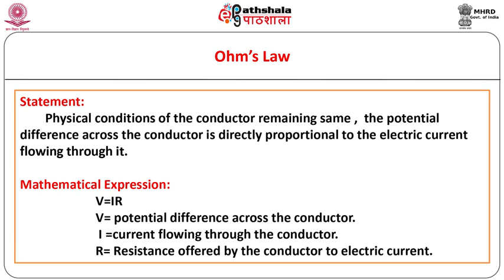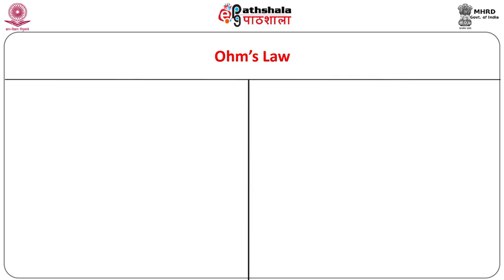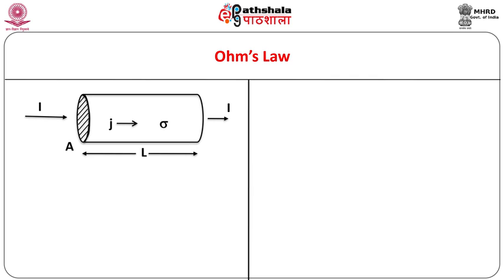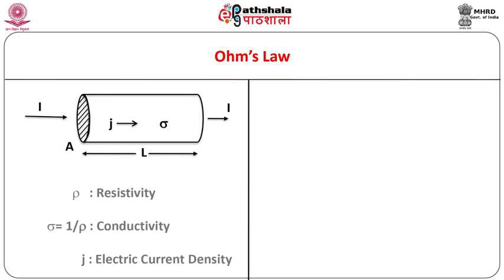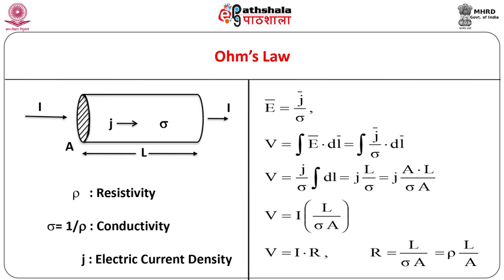However, Ohm's law in microscopic form, namely J is equal to sigma E, can be derived using some concepts of field theory. Consider a resistor in the form of a small cylinder of length L with cross-sectional area A. When the electric field is applied along its axis, electrons moving through it attain average drift velocity, which is very small.